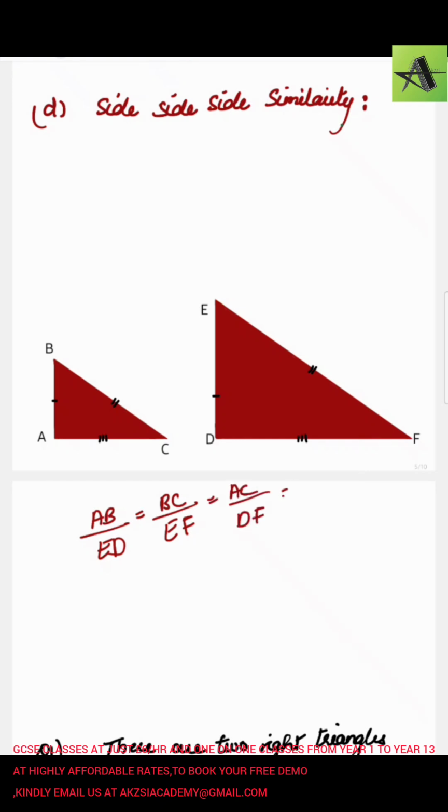If they are bearing the same constant ratio, by SSS similarity we can prove that two triangles are similar in nature. So these are four important rules for similarity, and if you can see these things in a given triangle, we can prove that two triangles are similar in nature.